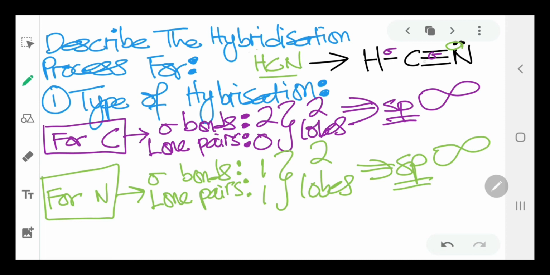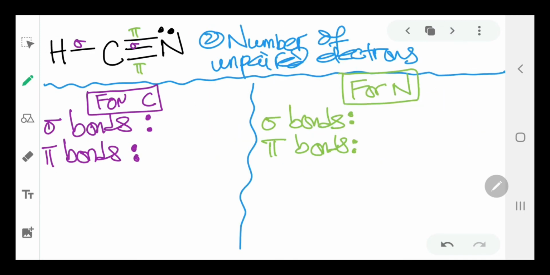But what you can see here is that it has 2 pi bonds between the carbon and that nitrogen atom. So you would be expecting to draw sideways parallel pure p orbitals for the overlapping for pi bonding. We need to find out the number of unpaired electrons involved in the formation of HCN in the overlapping of the orbitals.